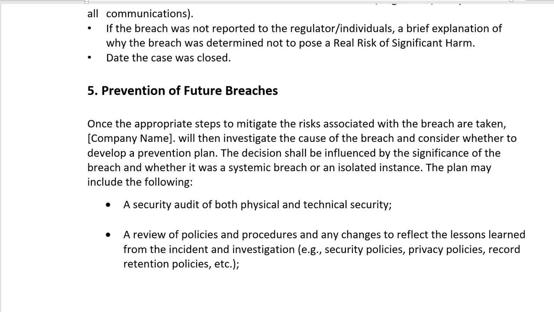Once you've completed that process, you're going to be in the phase of remediation and then figuring out how to prevent future breaches. So you want to do a security audit and then review the policies and procedures that reflect the lessons learned.